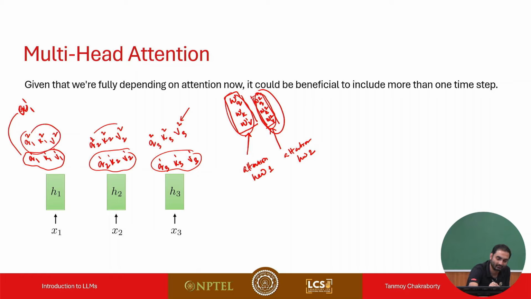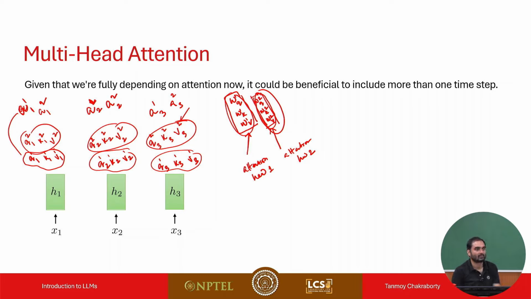You process all of these and this produces A12, A21, A22, A31, A32. There are two attention heads, so every attention head will produce an attention vector. Now for every token, we have two vectors in this example, because we have two attention heads. You can have multiple such attention heads.